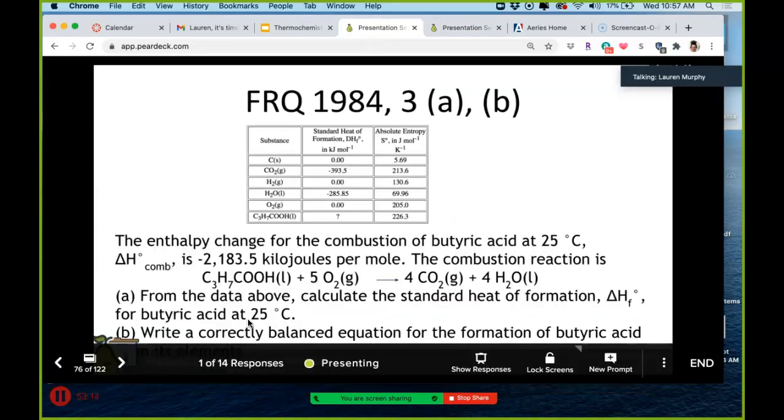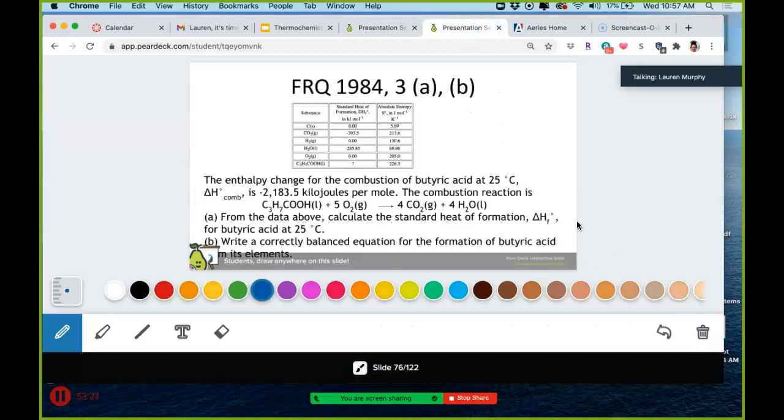It says, write the correctly balanced equation for the formation of butyric acid from its elements. Okay, that's not too difficult. So we're going to form butyric acid from its elements. Well, so we're forming C3H7COOH from its elements.